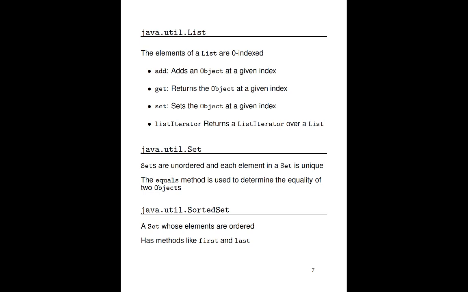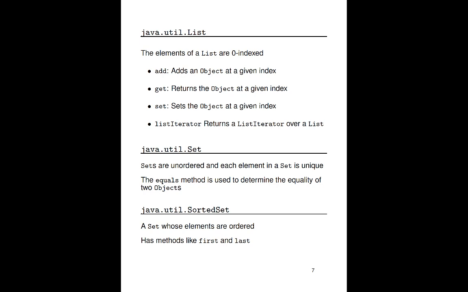You can also get and set the object at a given index. In addition to getting an iterator, which you inherit from collection, you can also get what's called a list iterator that will allow you to go back and forth. We'll see what list iterator is all about in a little bit. So list is like when you want to have basically a growable array. You can index into it. You can say, hey, give me the 27th element.